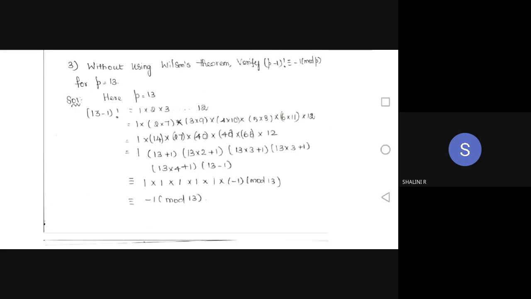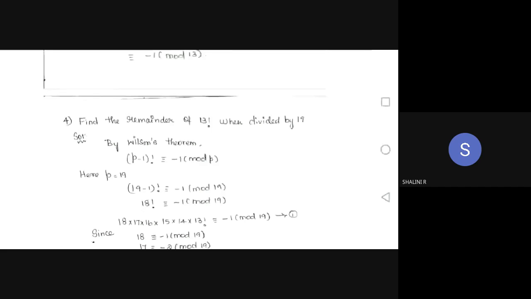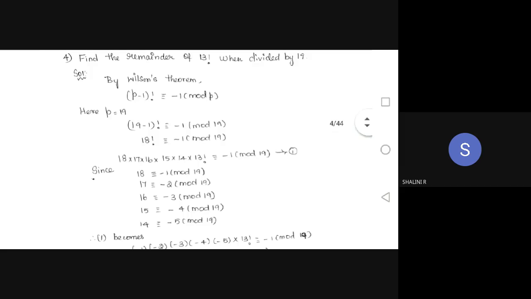We also worked out some problems based on Wilson's theorem. We did problems for finding the remainder of 13 factorial when divided by 19 by using Wilson's theorem.